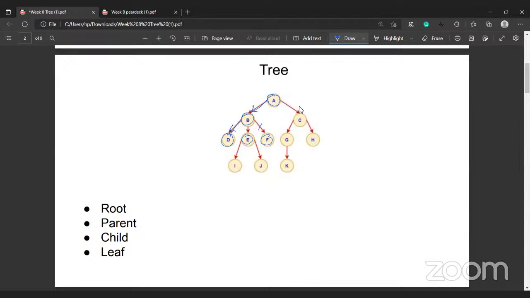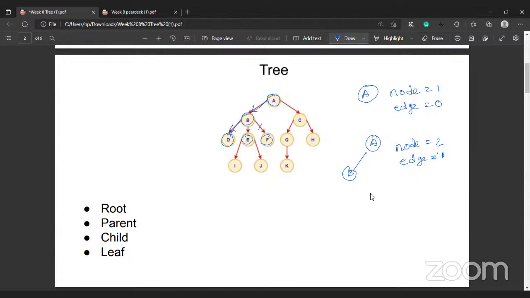So suppose there is only one node, then the number of edges will be 0, right? If suppose there are two nodes A, B, the edge will be 1, right?